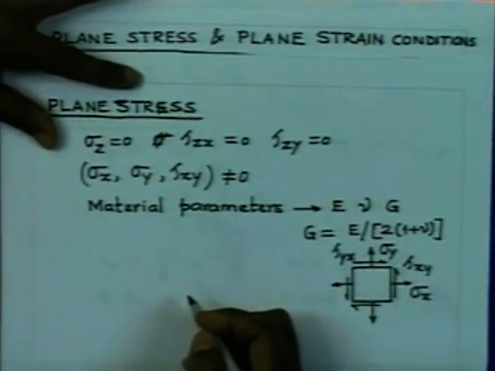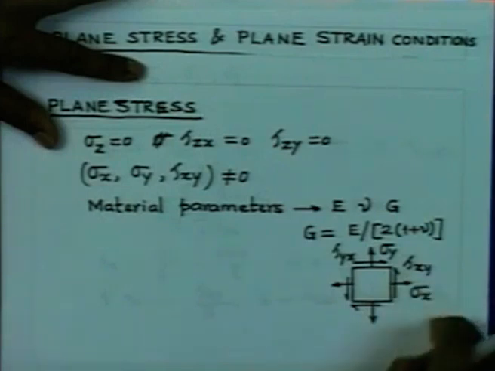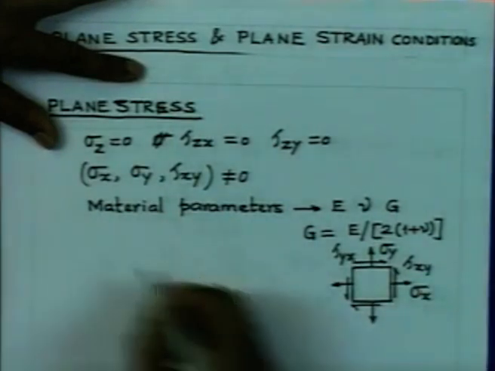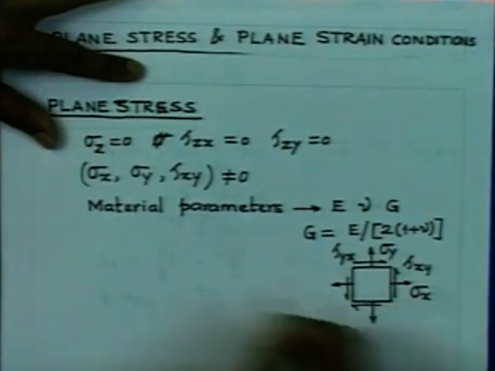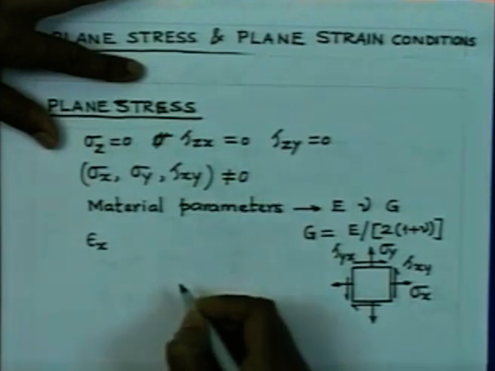If we want to calculate the strains out of these stresses, first let us try to see the strain in the x direction. We consider the material to be isotropic, so that there is no shear strain produced by the normal stresses, and therefore, epsilon x is going to be due to only the normal stresses sigma x and sigma y.